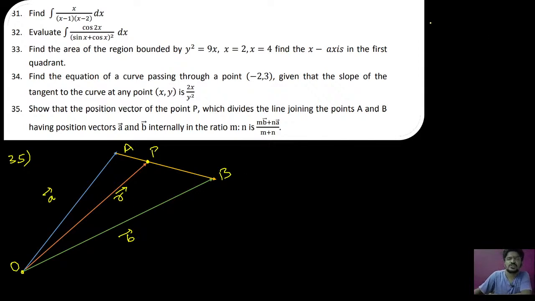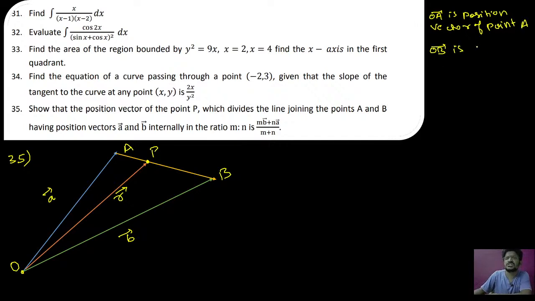So please make sure that you write everything. Vector OA is the position vector of point A. You have to write everything in your exam.